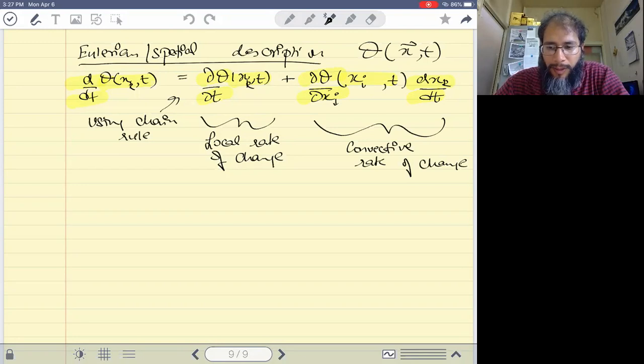So here you have a term dxk by dt, and that is nothing but your velocity field, measured at position xk. Then it's multiplied by the rate of change of theta with respect to x, so that's the gradient of theta. There's a temperature gradient in space, and you have a flow happening.